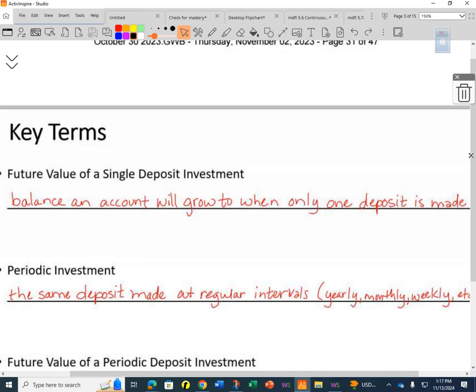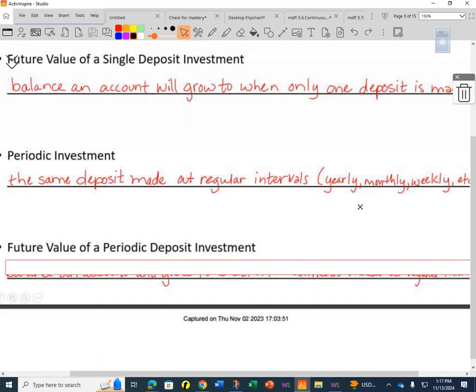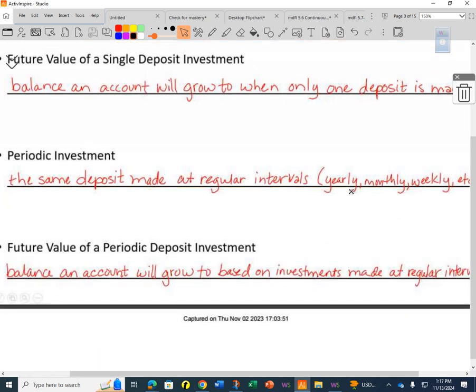Make sense? The future value of a periodic deposit investment is the balance an account will grow to based on investments made at regular intervals.